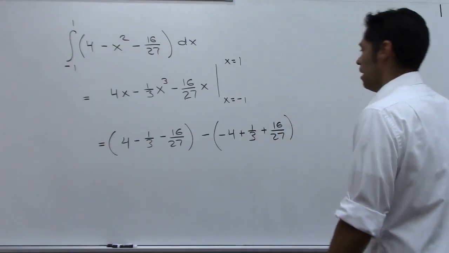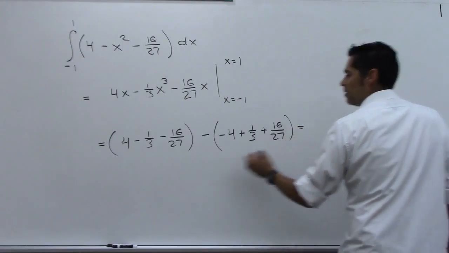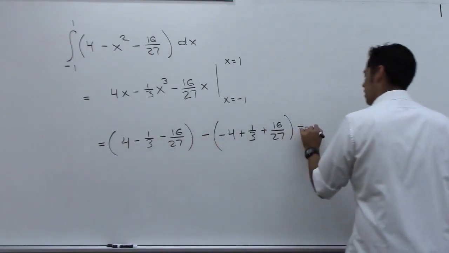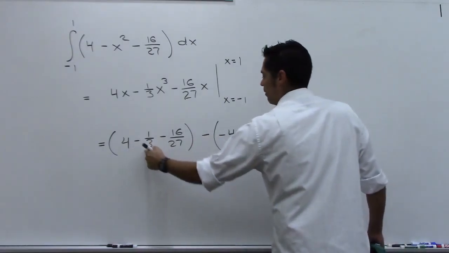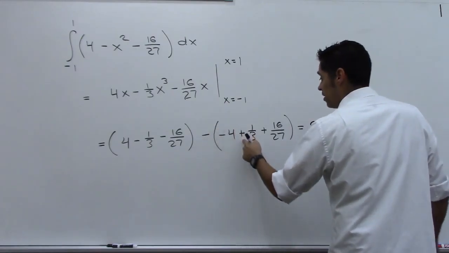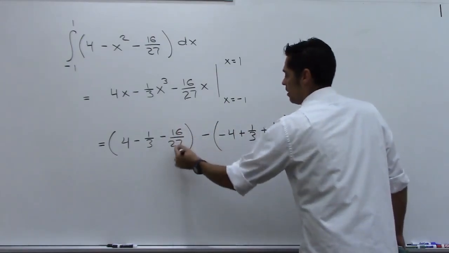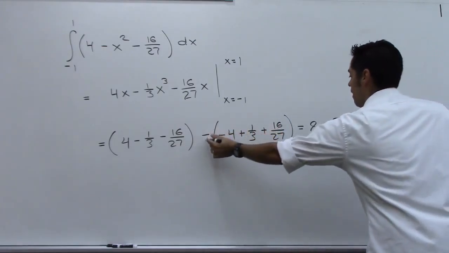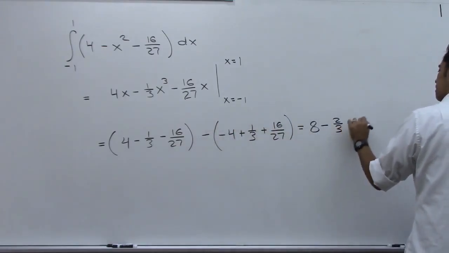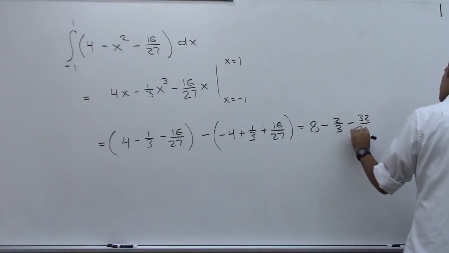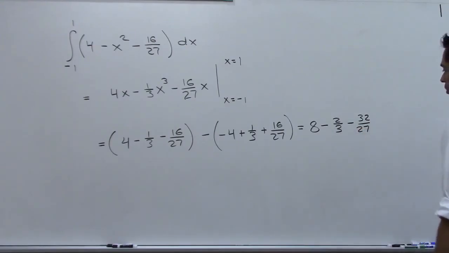Everything looks like it's getting doubled up again. So we get 4, add 4 is 8, negative 1/3 minus 1/3, so negative 2/3, negative 16/27 minus another one, so negative 32/27. Looks like I have no choice but to get a common denominator here.